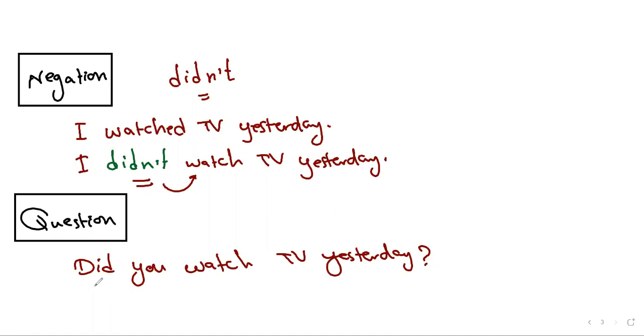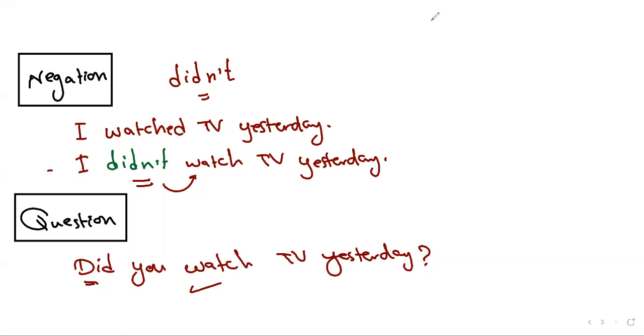So this is a question, and I used did in this question. And don't forget that we don't use the second form of the verb in the question. I use the base form, and it's the same with the negative form. With didn't, I don't use the second form. I use the base form. I didn't watch TV yesterday.